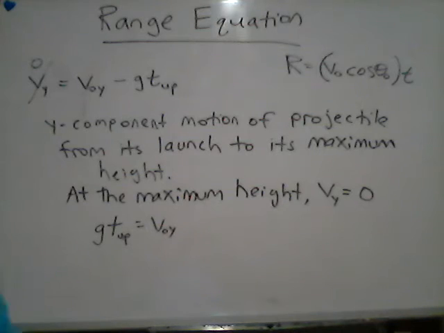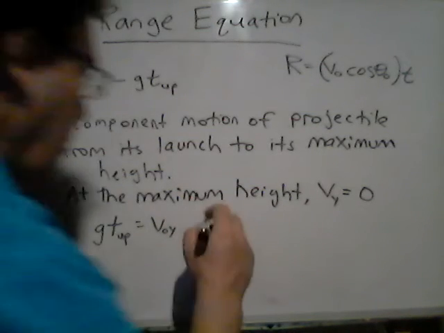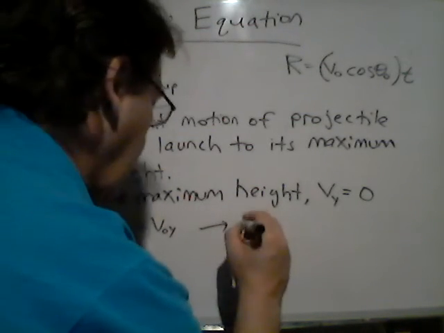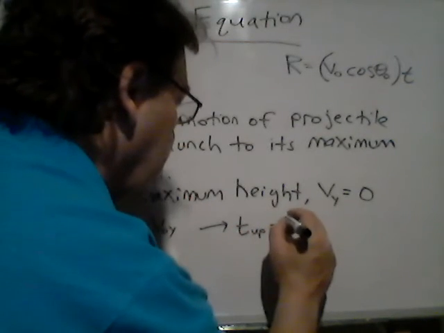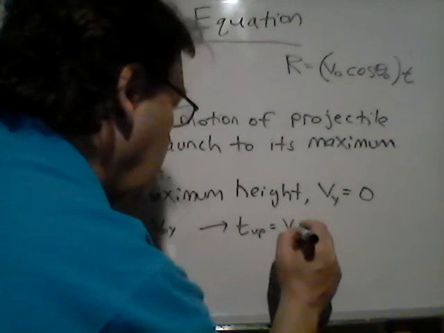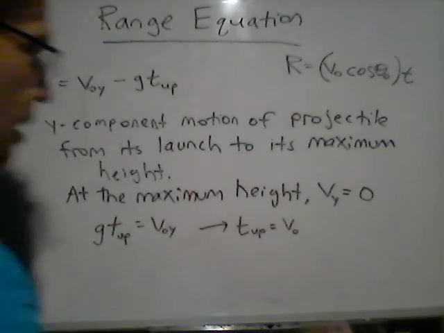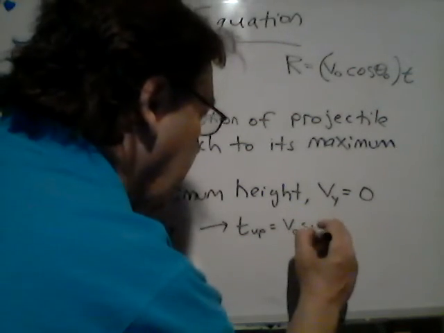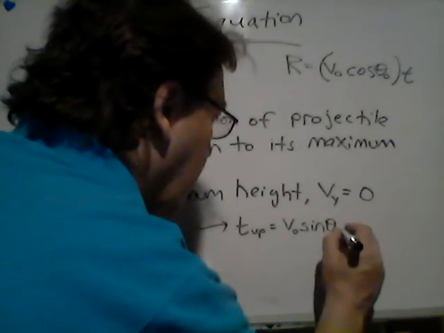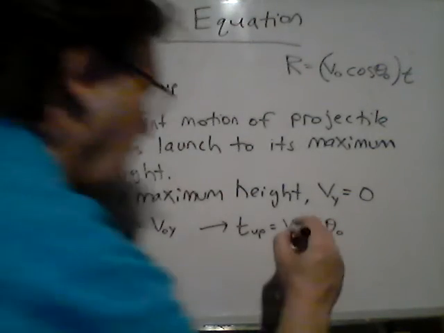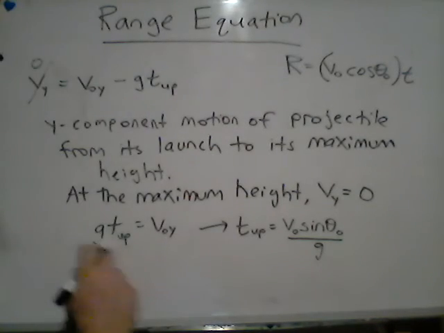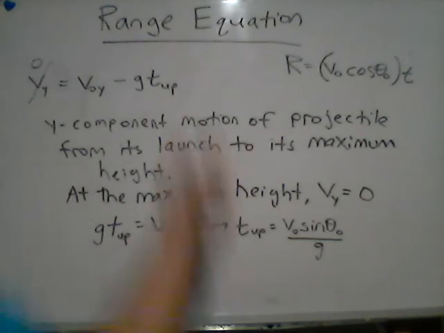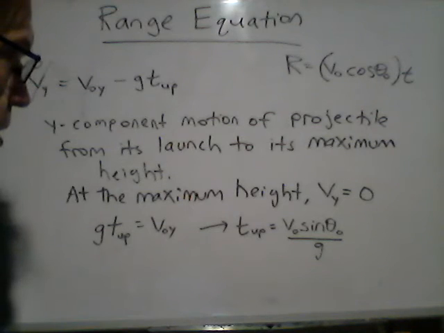Then I'll divide both sides by g, and I'll say that t sub up is v naught sub y over g. Now, what's v naught sub y? That's v naught sine of theta naught, and look back at your notes, divided by g. So that's how long it's going to take for the projectile to rise.